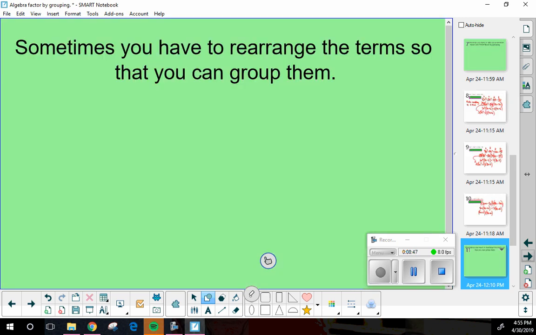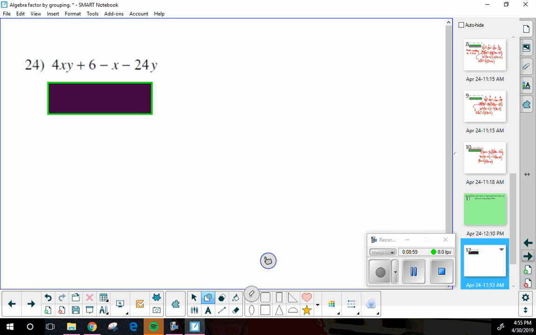Sometimes you have to rearrange the terms so they fit better so that you can then group them. So in this next problem, I have 4xy plus 6 minus x minus 24y. So I'm going to rewrite it. 4xy plus 6 minus x minus 24y. I see when I try to group that, there's no common term.